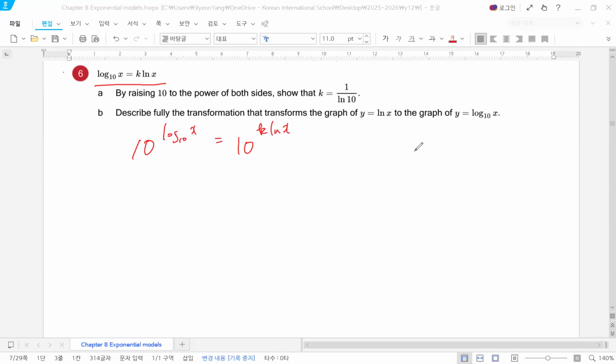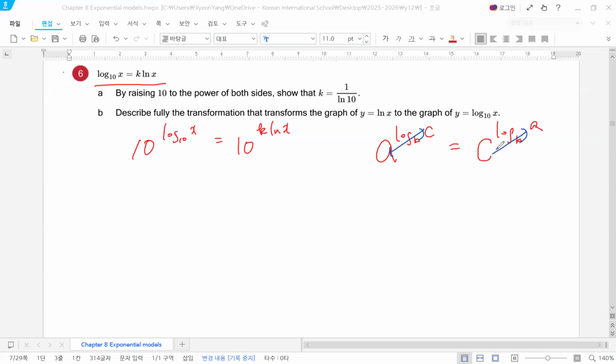Okay? And students, do you remember a^(log_b c) = c^(log_b a)? Please remember these laws of logarithm. So you can switch these two.